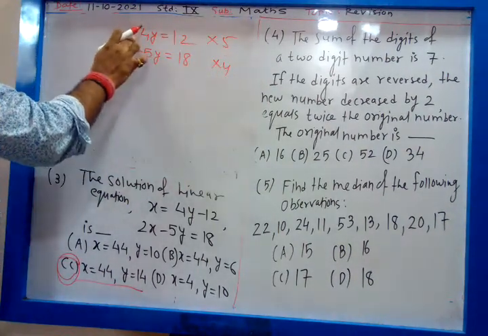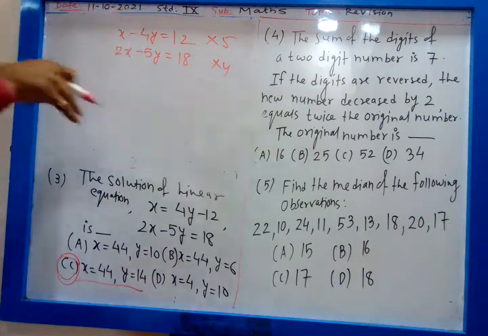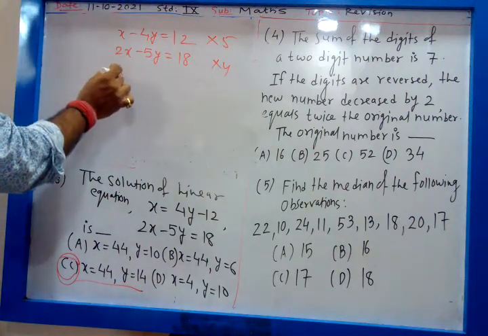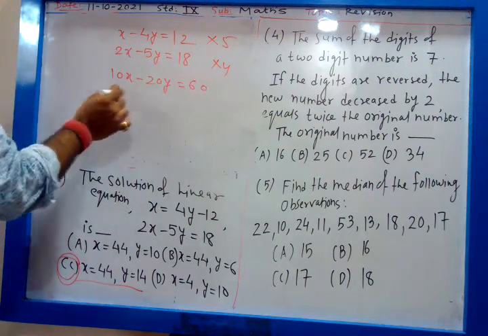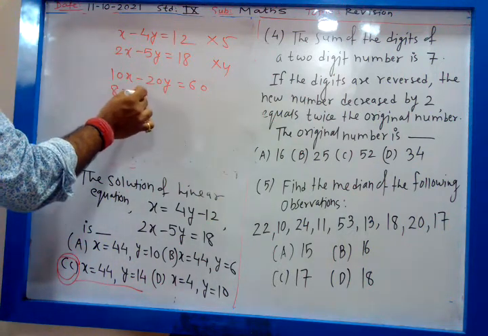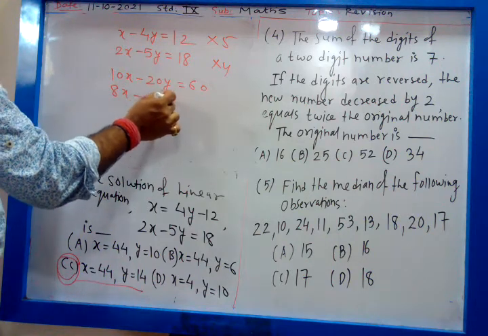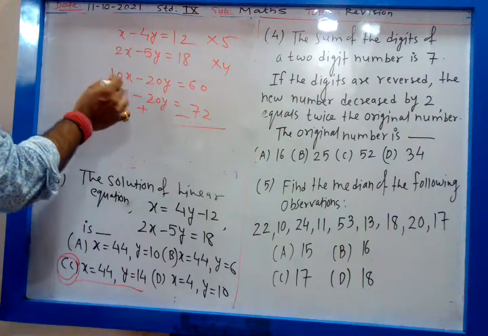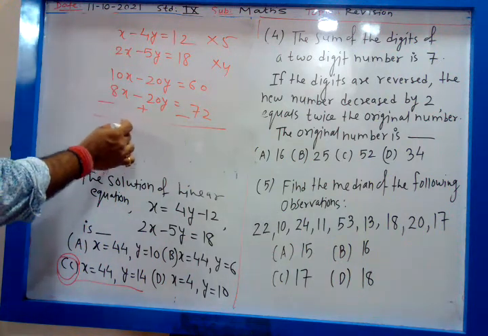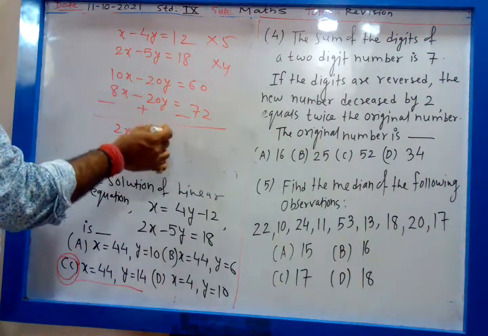Then they have same sign, minus minus, so you have to subtract. So 10x minus 20y is equal to 60. 8x minus 20y is equal to 72. Subtract: 10x minus 8x, 2x plus 0 is equal to minus 72.